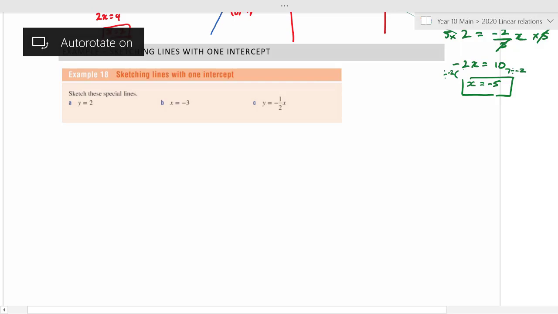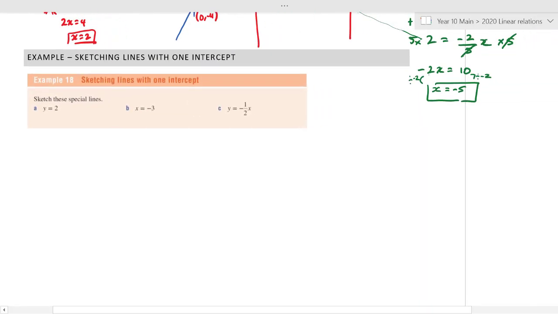Before we do, let's remember when we have a line, it can be in the equation y equals mx plus c, where the m is the gradient, the coefficient of x, and this c, the constant in this form, is the y-intercept.